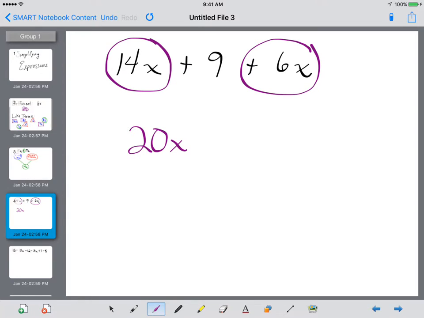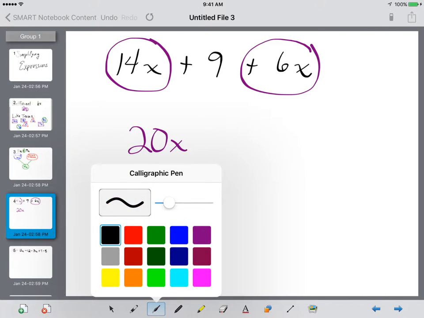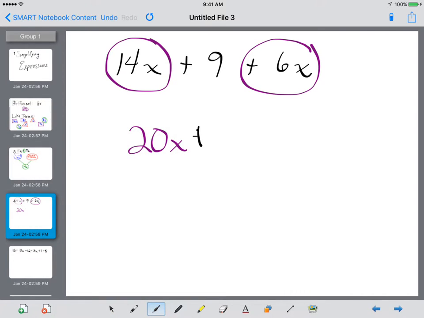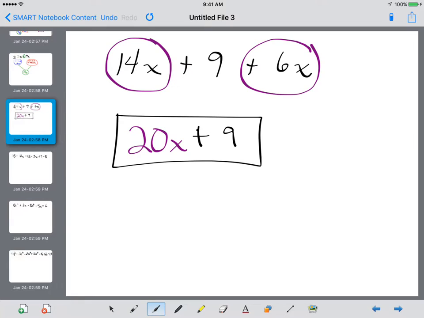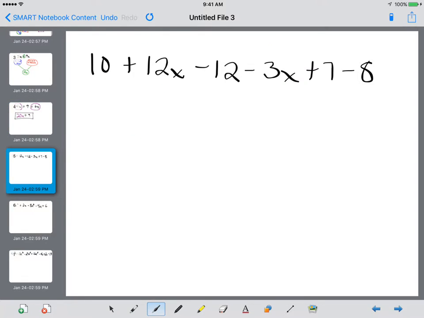Now there's nothing I can combine with that 9 there, so I'm just going to put it at the end. So my expression simplifies to 20x plus 9. It goes from something that has 3 terms to an expression that has 2 terms. We've got a couple more examples that are going to get a little more complicated.